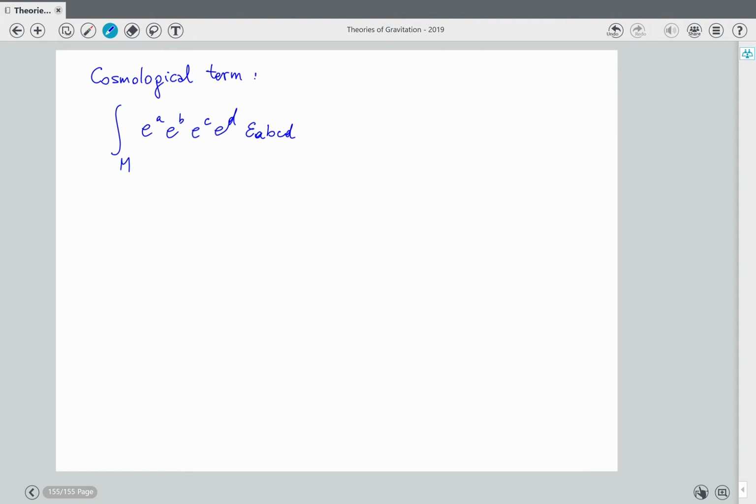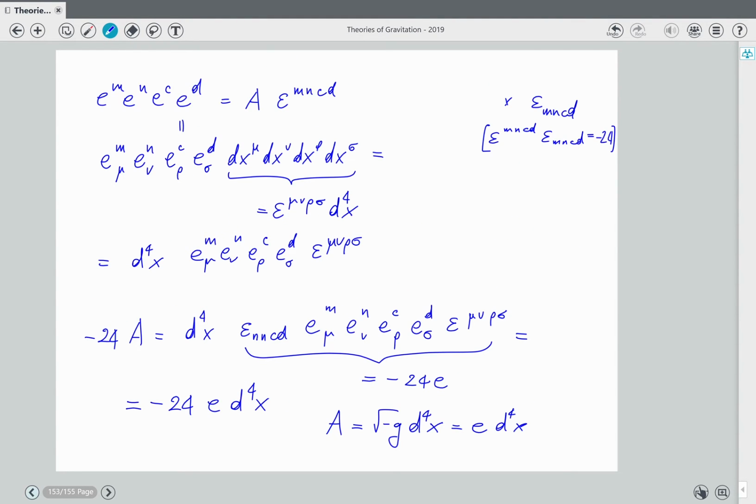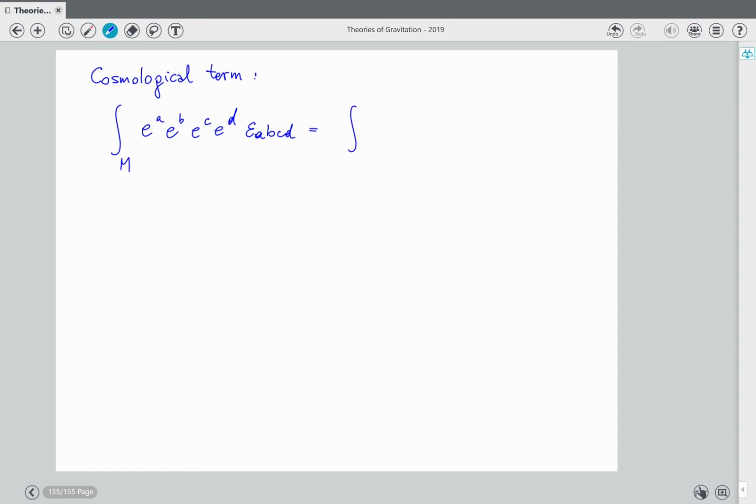It's proportional to that. And the constant in front will be normalized to have what we normally write together with the Hilbert action. Again, we can use the thing we wrote previously here. We know that the product of those four is equal to E d⁴x epsilon. So that is the integral of E d⁴x epsilon ABCD epsilon ABCD, which is minus 24.